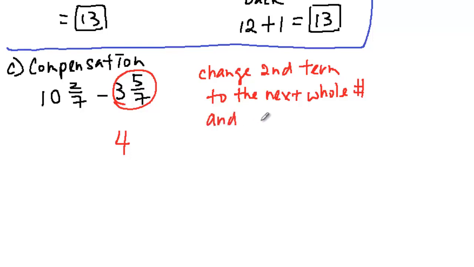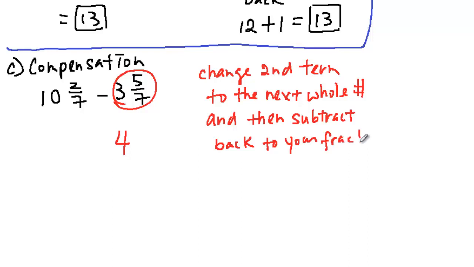subtract back to your fractions. So from 4 you need to subtract a fraction to go back to 3 and 5/7, which is 2/7.